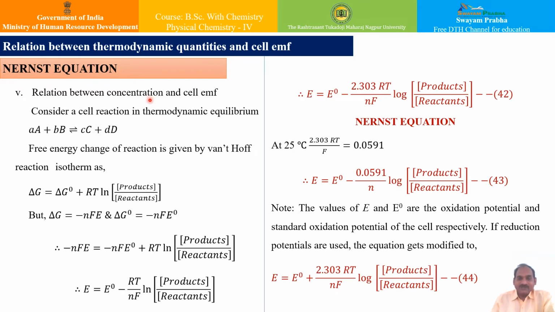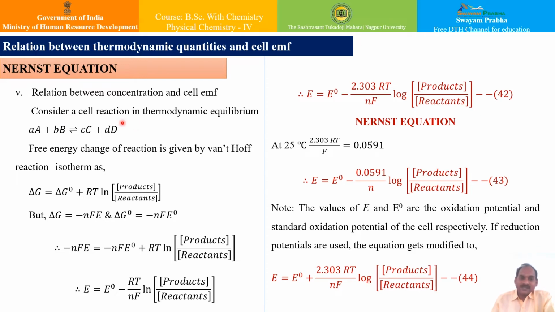Now this Nernst equation is actually an application of the cell EMF, and if we can find the thermodynamic relation between quantities, we get the output as the Nernst equation. So in this particular case, if you see the relation between concentration and cell EMF, if I arrange it, this equation leads to the Nernst equation.